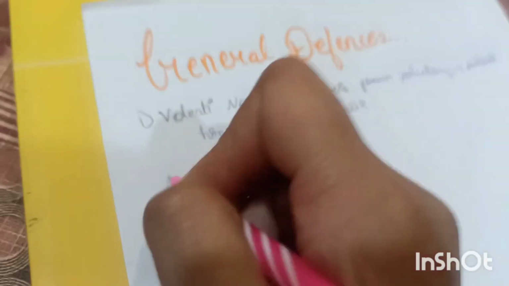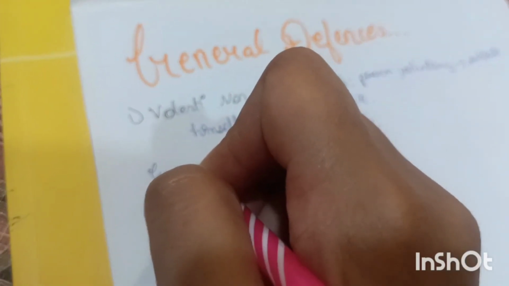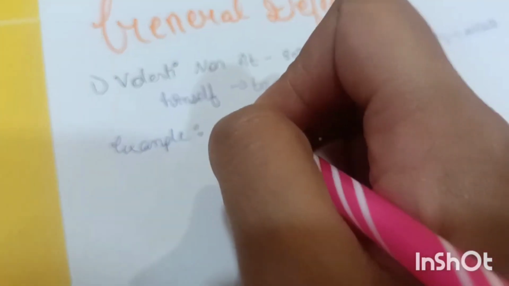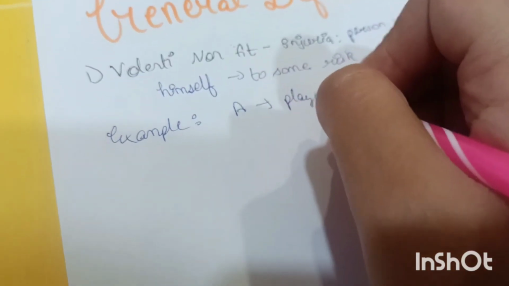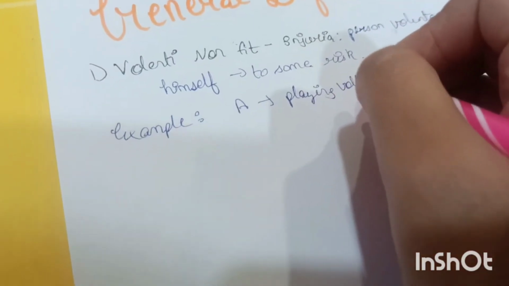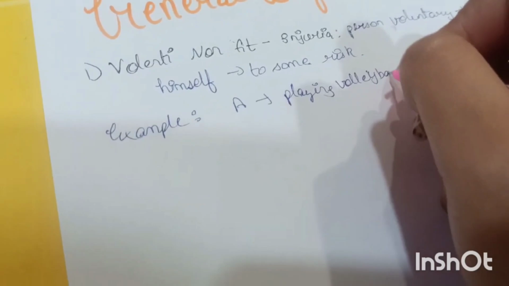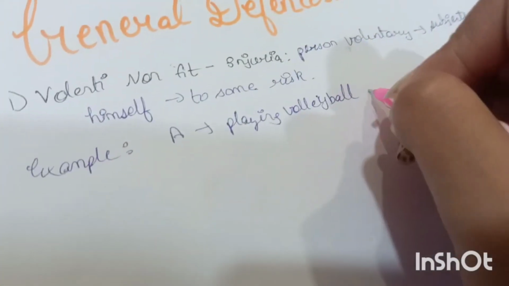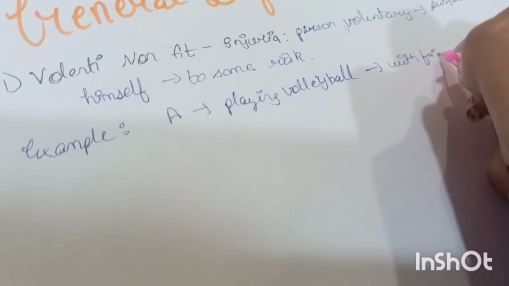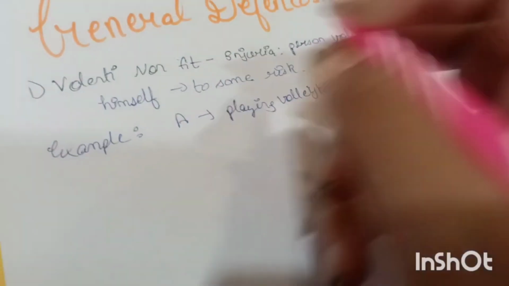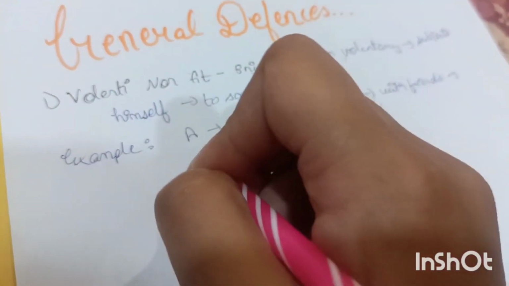Okay, so for example, a boy named A playing volleyball with his friends and gets hit by a ball.